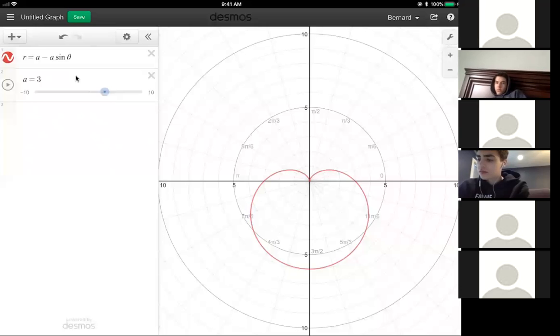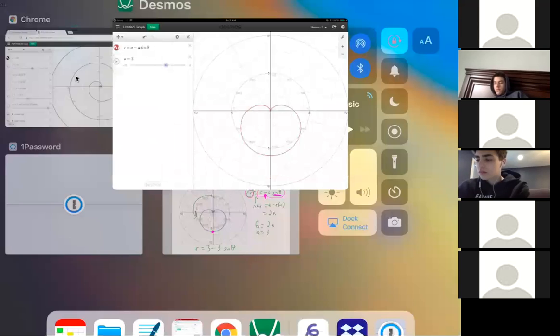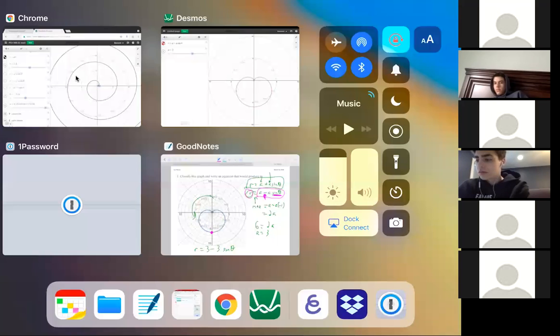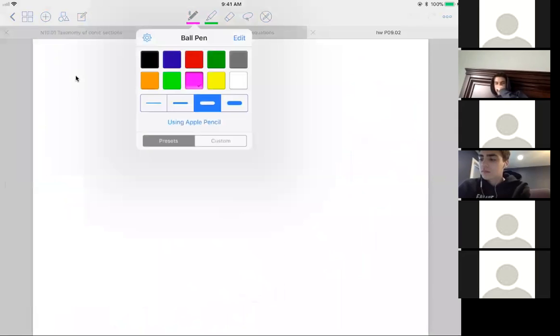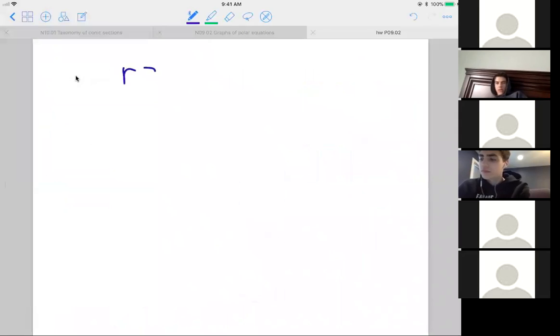But even if you had to do the analysis, it really means pick some point whose angle and distance you know and force your equation to go through that point. If you want to think of it a different way, you can say, I have R is A minus A sine theta.